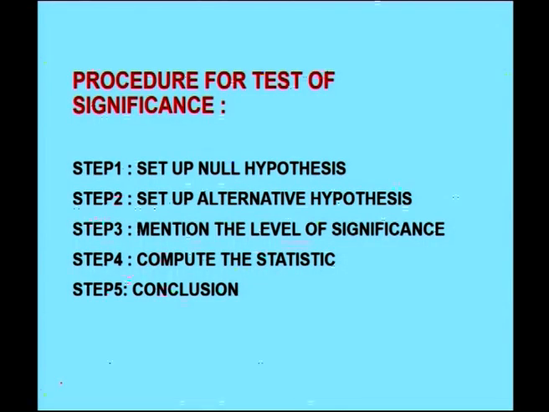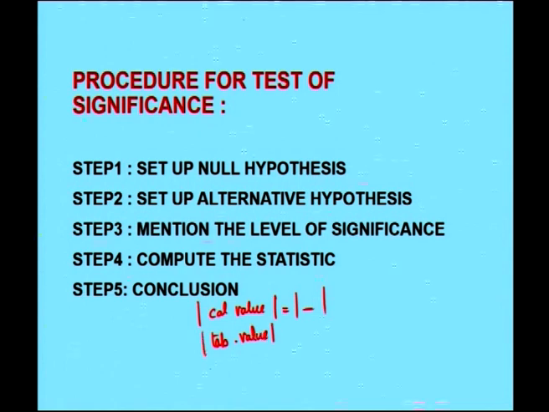The conclusion goes like this. You have to write down the calculated value which you have calculated in step 4 within modulus. Negative signs should be avoided. So, the modulus of the calculated value should be written here, and then the tabulated value.